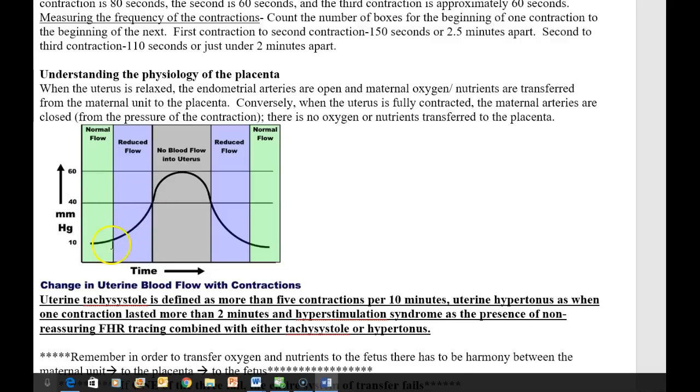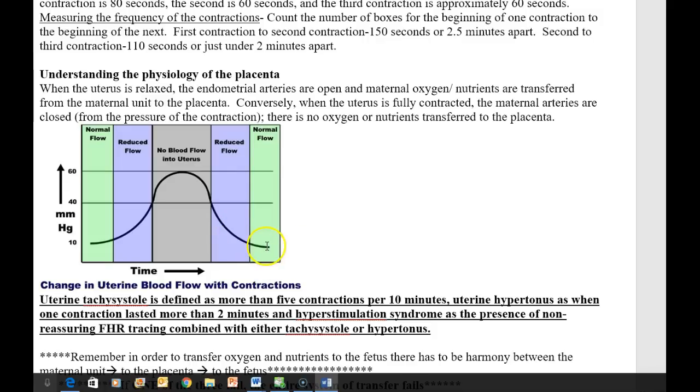There's reduced flow or reduced oxygen going to the gap during the start of the contraction, where it increases, and then at the peak of the contraction, the arterioles and veins are completely shut. There is no flow coming through into the uterus. There is no oxygen going through the gap. And you can see, where it declines, there is reduced flow, or there's some oxygen coming.